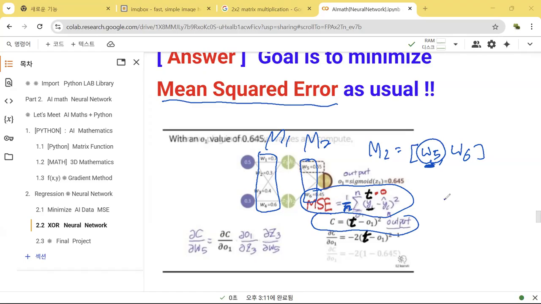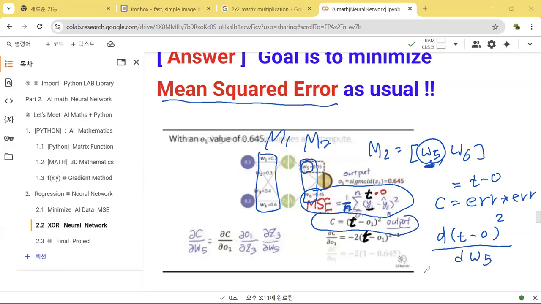Okay. So let this be C, just ERR. In this case, ERR is T minus O, squared. So this is the derivative of T minus O squared with respect to DW5. Okay. So this gives 2 times T minus O, this one.